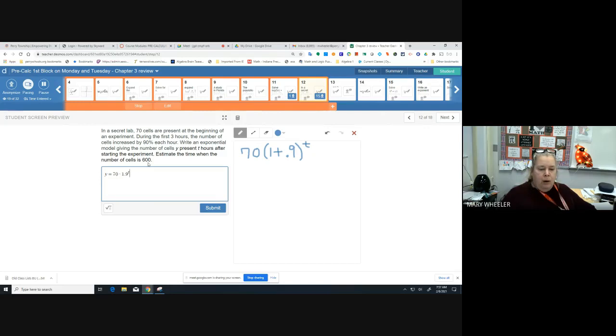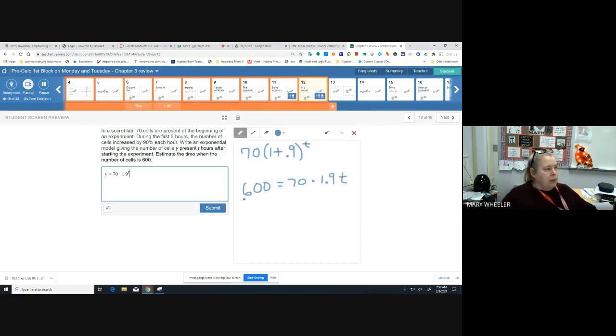Then the second part, estimate the time when the number of cells is 600. So 600 equals 70 times 1.9^t.